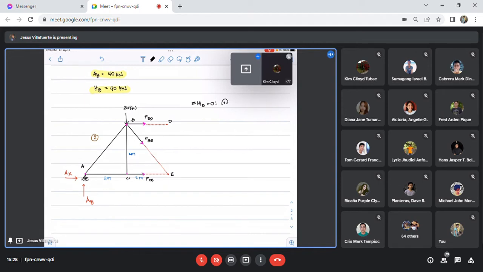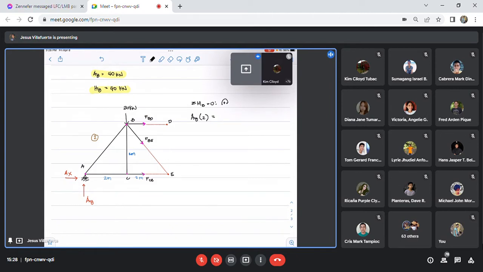We have AY at point B. What is the moment arm of AY? 2, sir. 2. Very good. What else? Do we have more? No, only the clockwise ones. So we have that equals the counterclockwise.